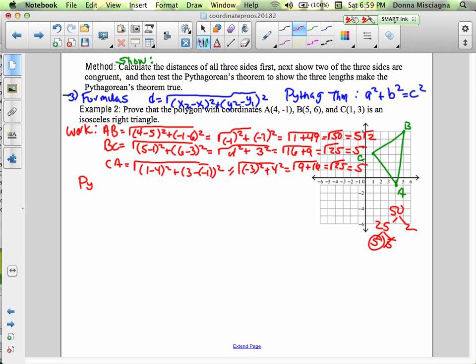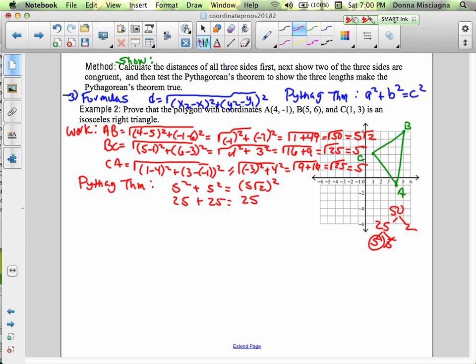So let's do the Pythagorean theorem part. So that's going to be 5 squared plus 5 squared equals 5 square roots of 2 squared. 5 squared is 25. When you square a number times a radical, square the number. So 5 squared, that would be 25.